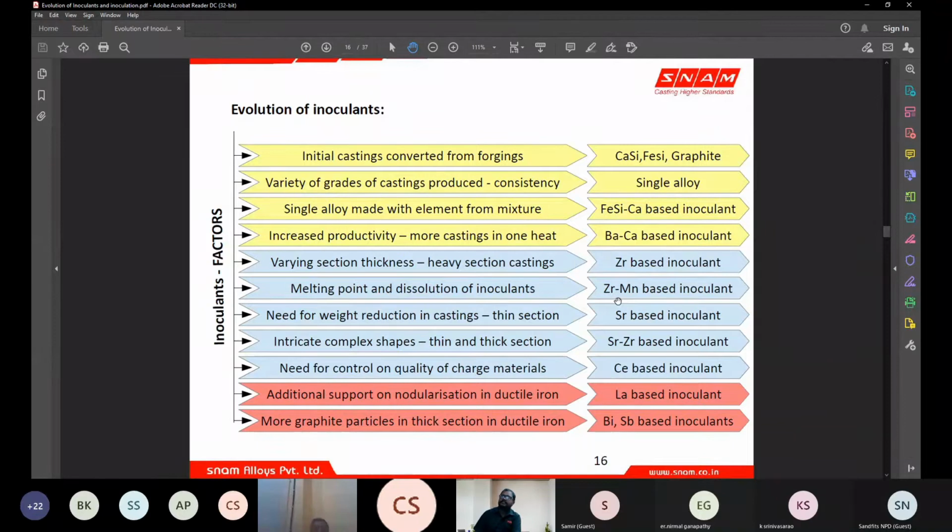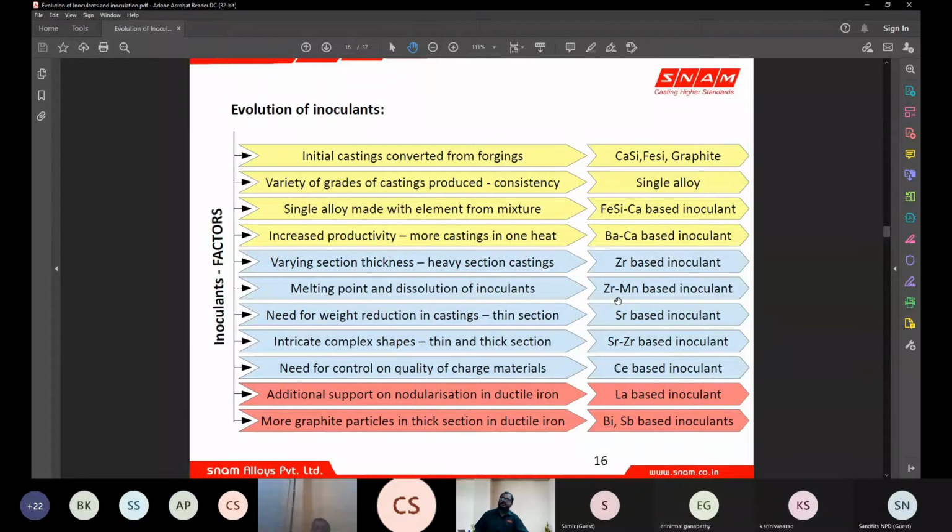In that case, these three alloys would have become a single alloy. By doping this single alloy with special elements, for example adding calcium to a ferrosilicon alloy, it becomes a single inoculant.